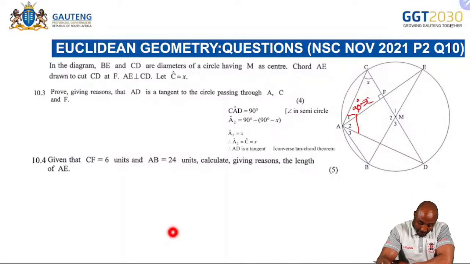And then 10.4, given that CF is equal to 6 units and AB is equal to 24 units, calculate giving reasons the length of AE.